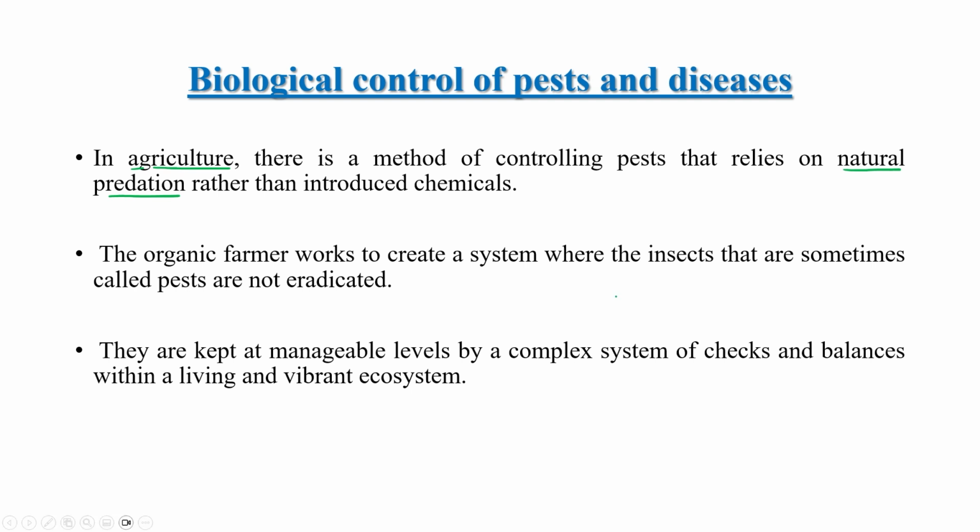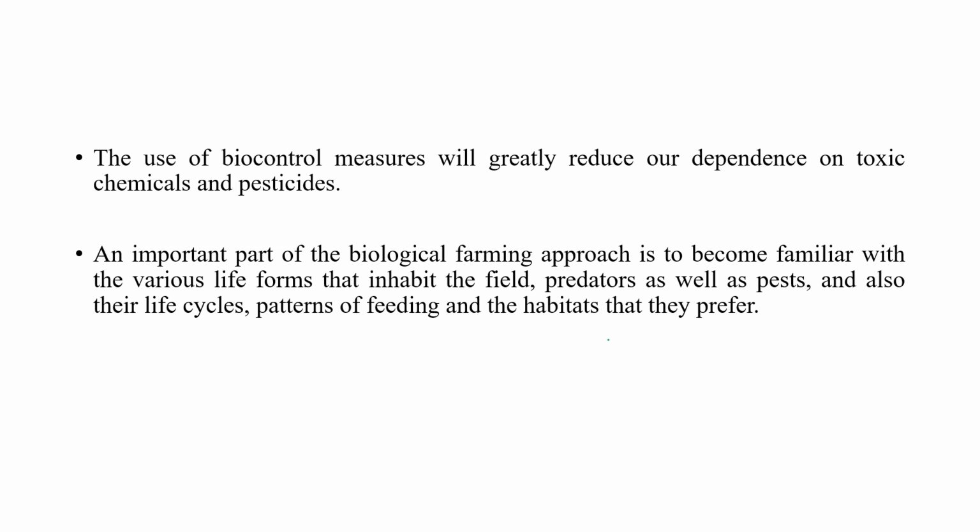These organic farmers keep all those pests at a manageable level by a complex system of checks and balances within the ecosystem. So the use of biocontrol measures will greatly reduce our dependency on toxic chemicals and pesticides.